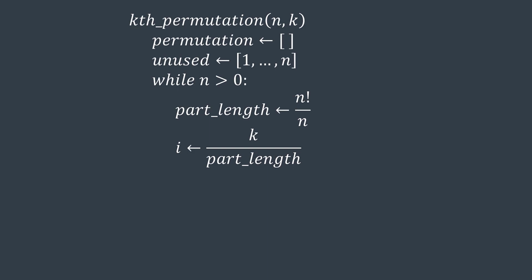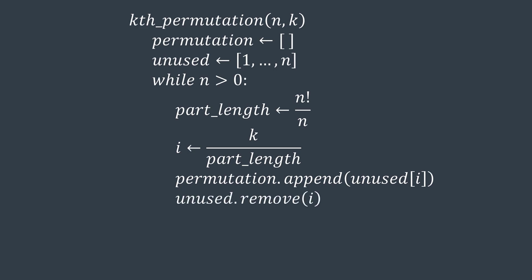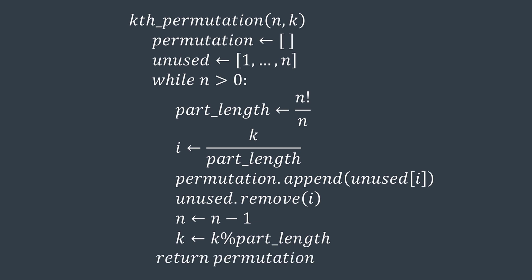After we calculate it, we add unused of I to the permutation, and we delete it from unused. We add unused of I because it represents the common element in the ith path. Then, we decrement n, and k becomes k modulus path length, to get its new position in the path that we choose. We keep repeating that, and when n becomes 0, we have our kth permutation, and we solve the problem.